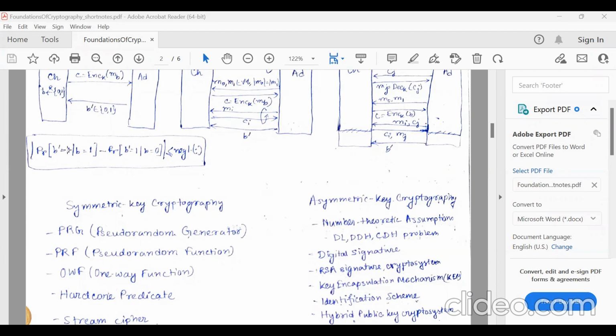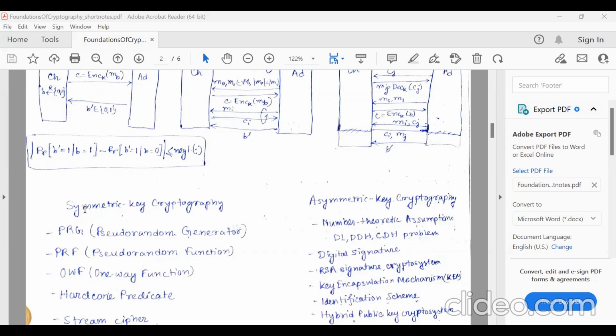You can replace b dash equal to 1 in both expressions with b dash equal to 0 also. Whatever the value of b is, b dash should behave similarly in both cases. The probability of b dash being 1 in both cases should be almost the same. That is why we say that this probability difference is negligible.